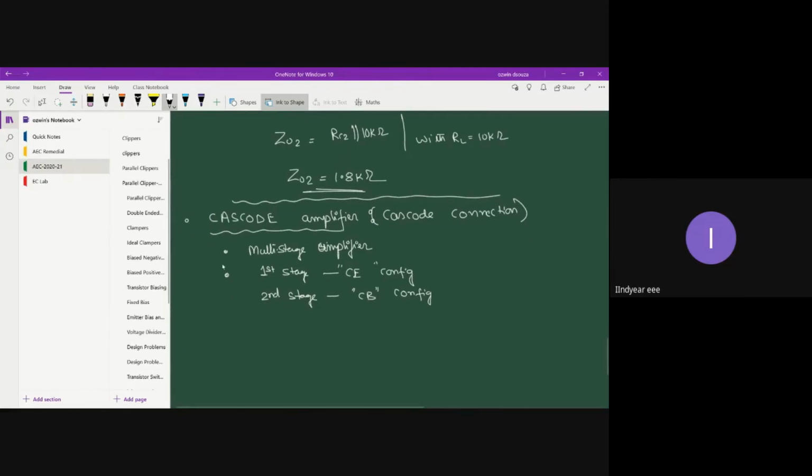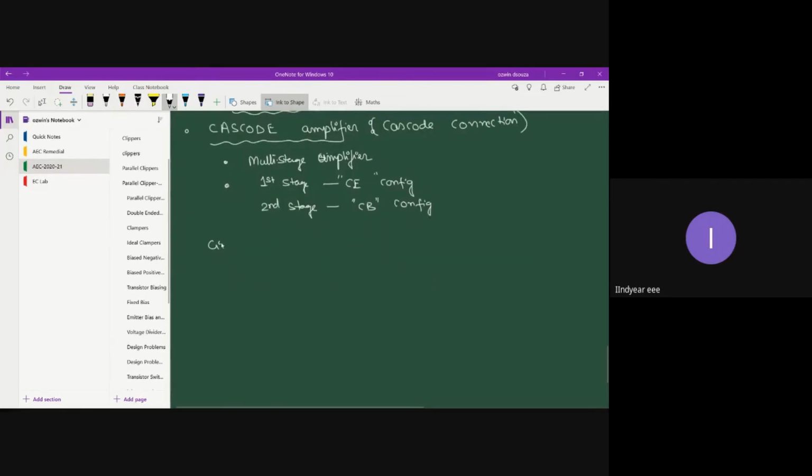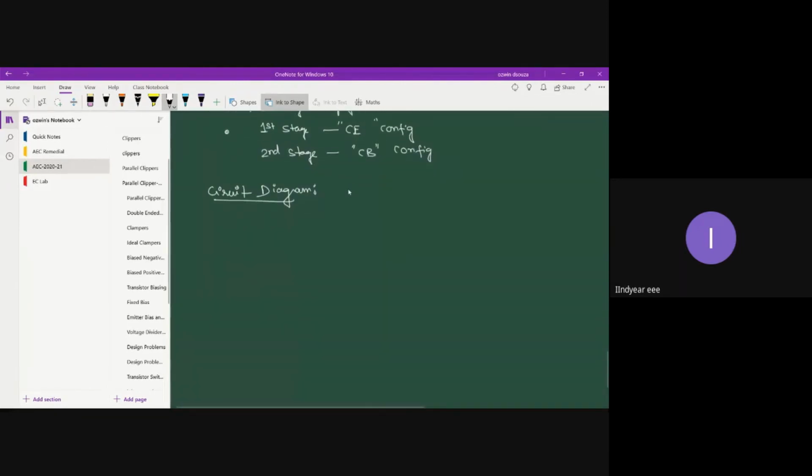Okay, so now first let me draw the circuit diagram. I've told you in the beginning that the first stage will be CE, so you will have a voltage divider bias based common emitter configuration.